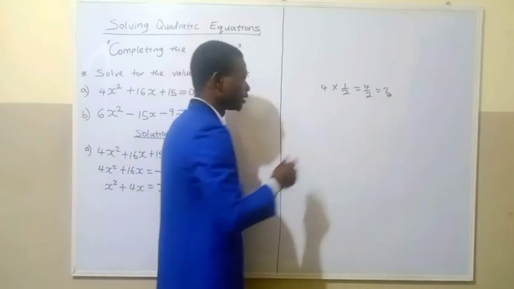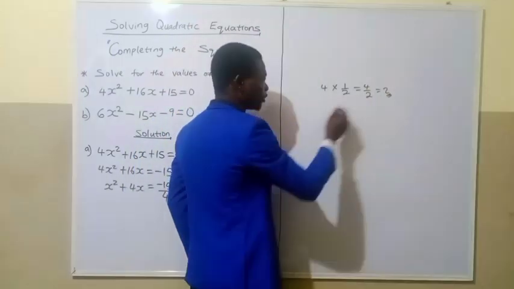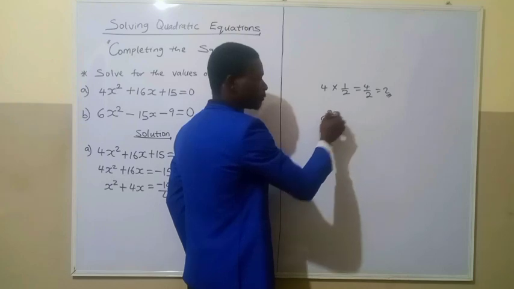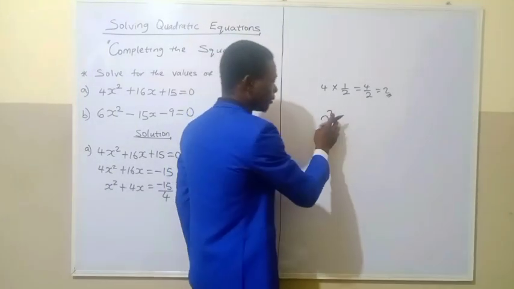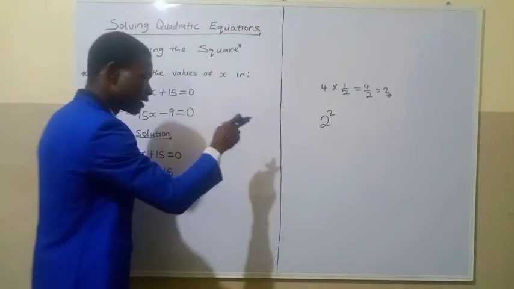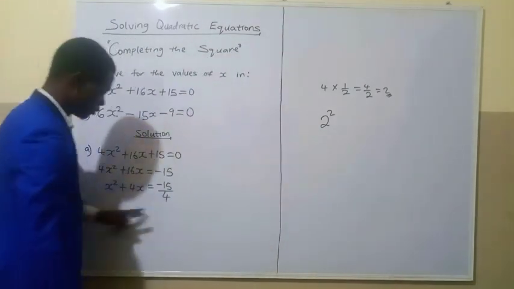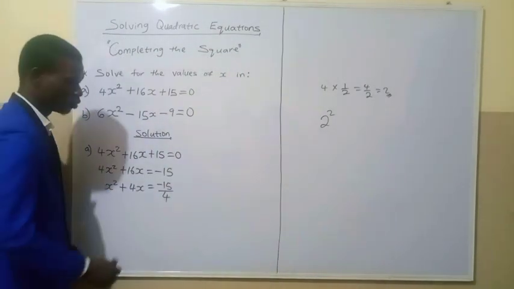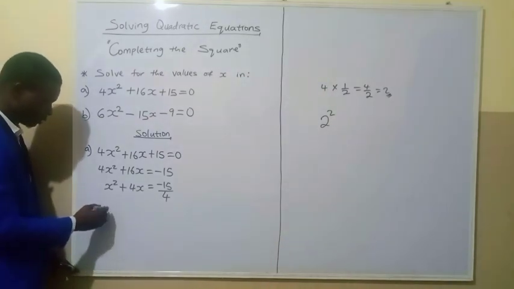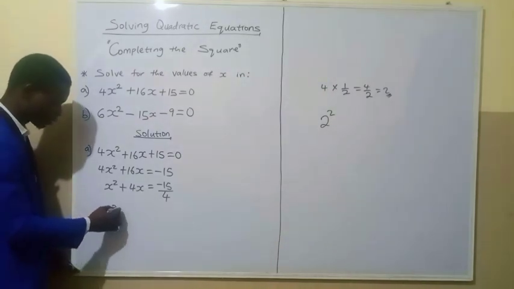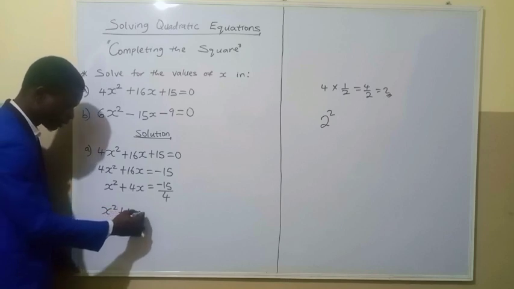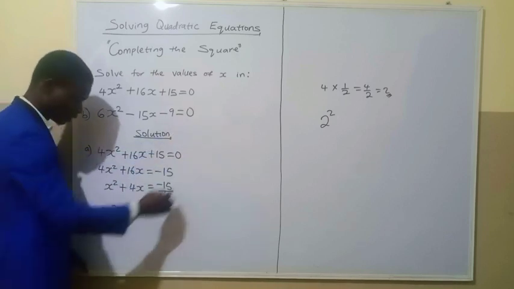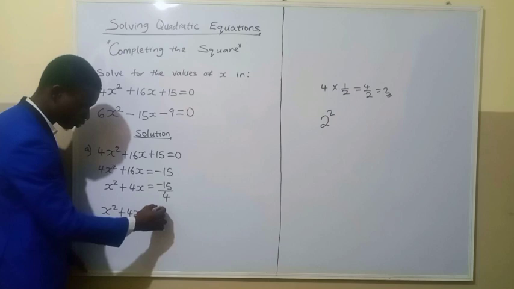Now the next thing to do is I'm going to pick this 2 which I've gotten, and I'm going to square it. Having squared it like this, I will now add this 2 squared to both sides of the equation. And of course, it becomes x squared plus 4x as it was, then plus what I've just gotten, which is 2 squared.